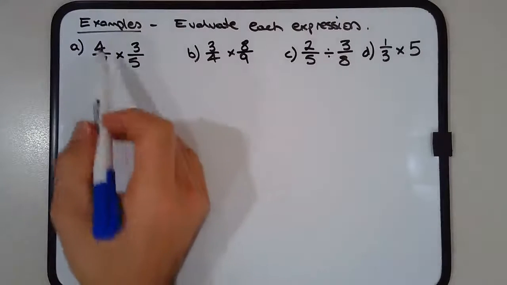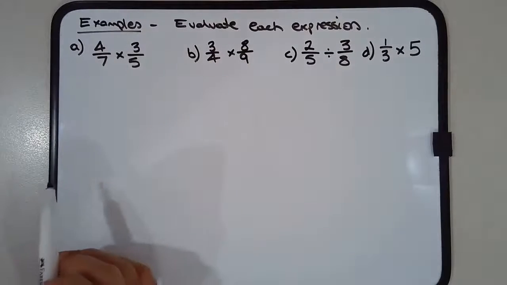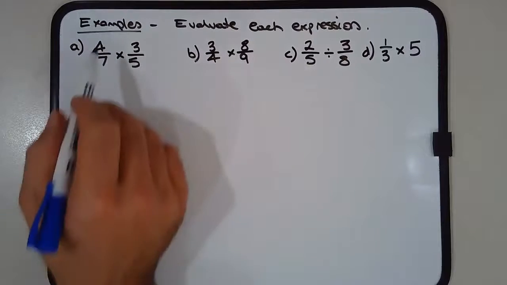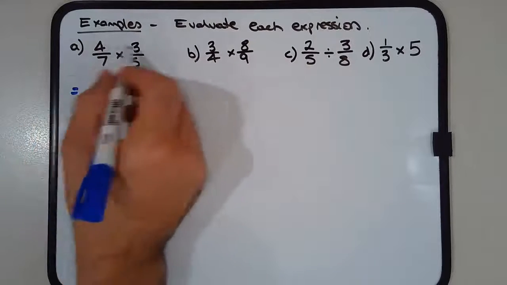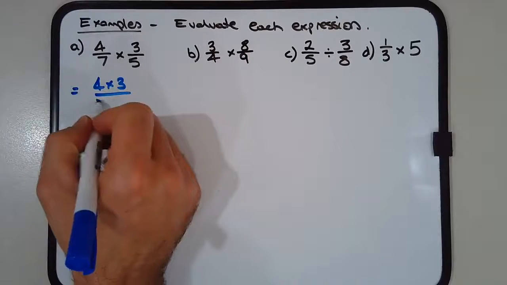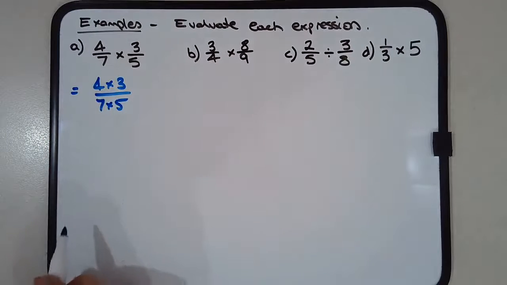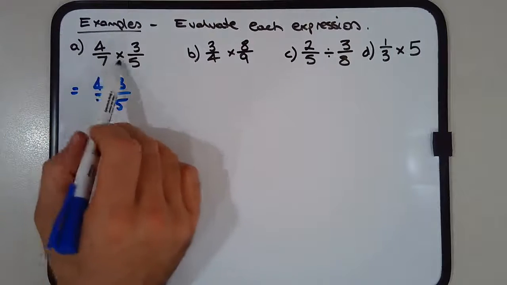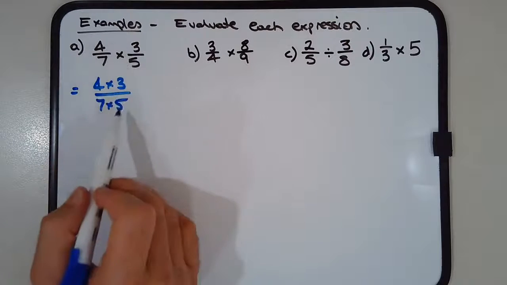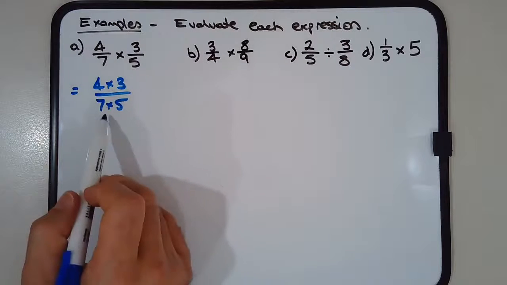So first one, 4 over 7 multiplied by 3 on 5. Just as the rule says, you just multiply across. So 4 times 3 is 12. Before I do that, I might just write the working out first so you can see what I'm doing. The 4 times 3, I've combined them together into a single numerator. 7 times 5, I've also combined into a single denominator.